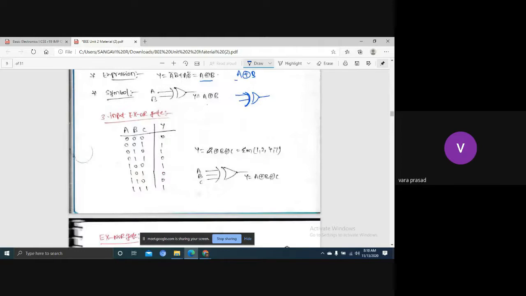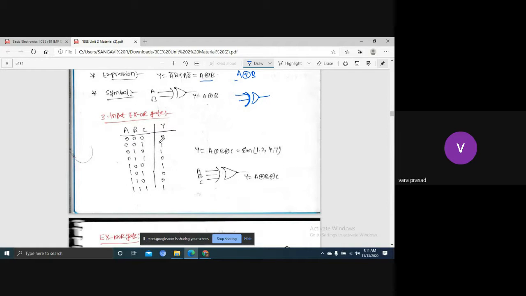For the 3-input XOR gate, please keep in mind, I said that if an odd number of ones are there, the output is 1. 0 0 1: in this one, a single one is there. Here, a single one. Here, two ones. Here, single one, two ones, two ones, three ones. Here, 0 ones are there. Where there is an odd number of ones, output is 1.